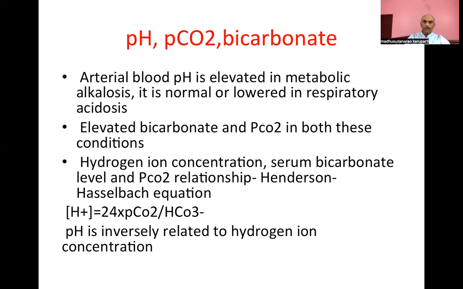That means in metabolic alkalosis, there is elevated serum bicarbonate. PCO2 is elevated in respiratory acidosis. Okay. Hydrogen ion concentration, serum bicarbonate levels, and PCO2, the relationship is described in the Henderson-Hasselbalch equation. pH is inversely related to the hydrogen ion concentration.